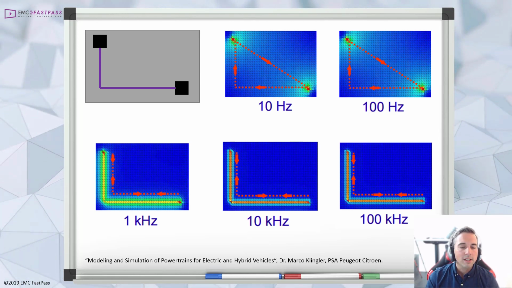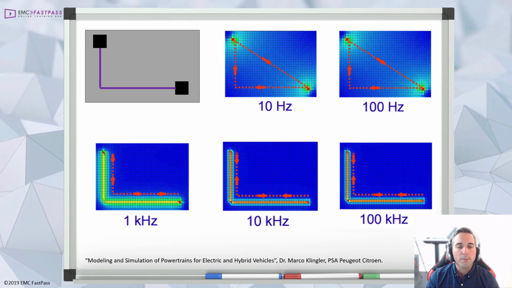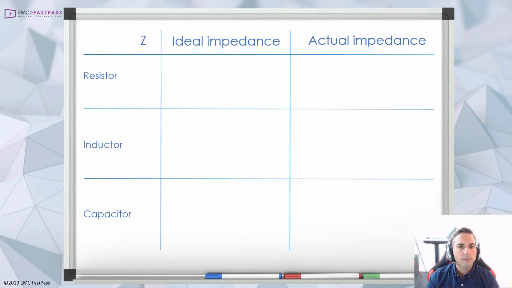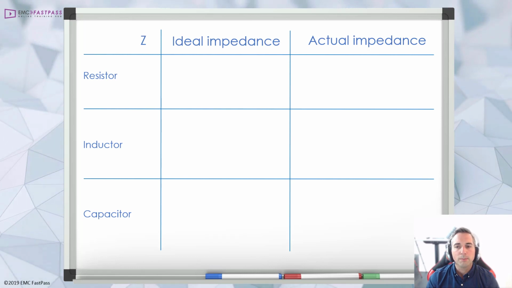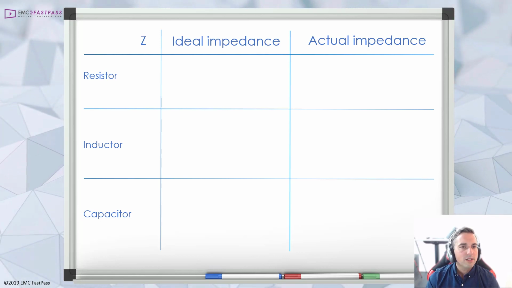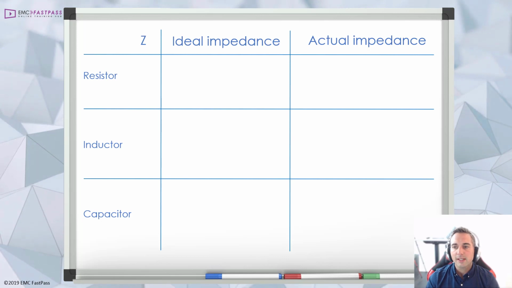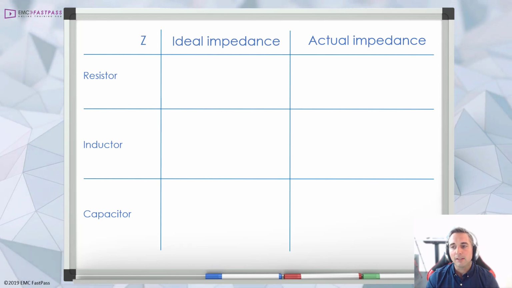And the answer to this lies in the definition of impedance. So let's explore that concept in more detail. And that's the concept that current always takes the path of least impedance.